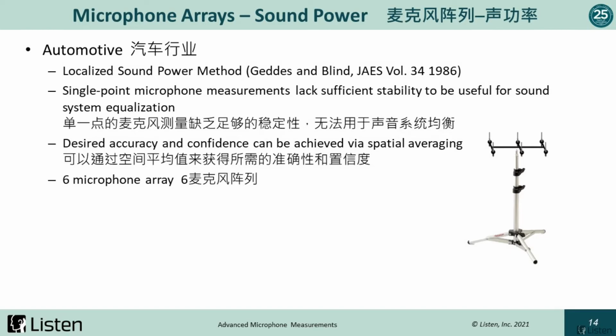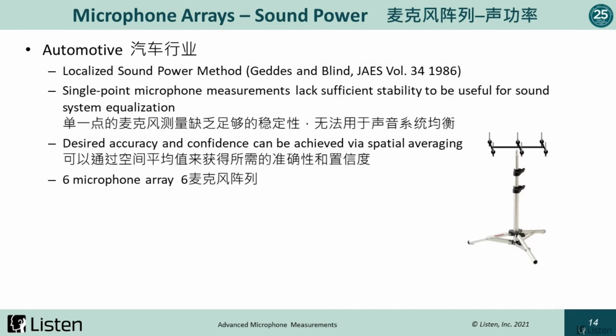And they went on to do a series of experiments looking at microphone arrays, starting with a large number of microphones. I believe they started with 18. And in the end, they found that they could get pretty good accuracy using a 6-microphone array and using spatial averaging from the measurements that came from each microphone.